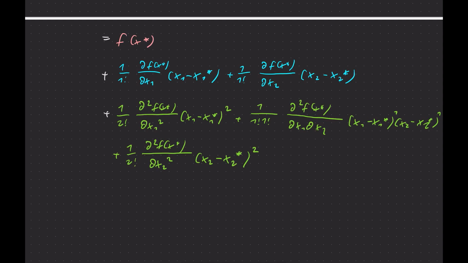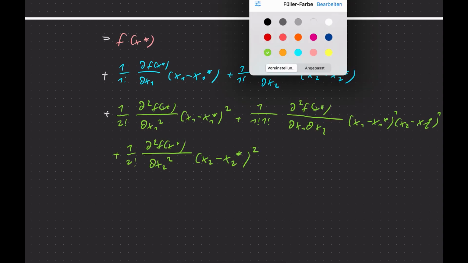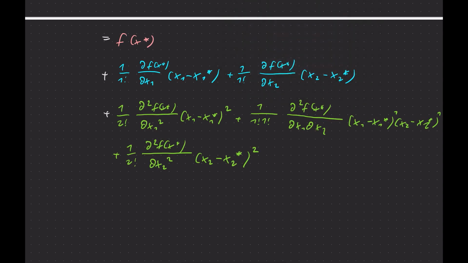So if we apply this to the function at hand, what happens here is we get first f at x star, so that's simply 3 x1 star x2 star plus x1 star squared minus 2 x2 star squared.